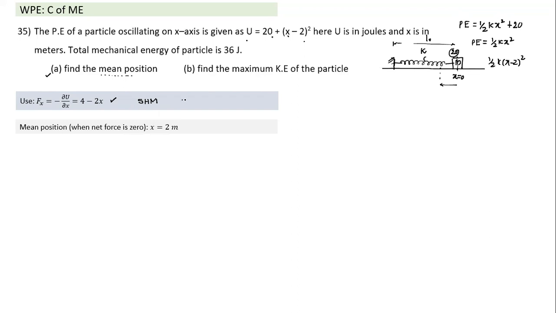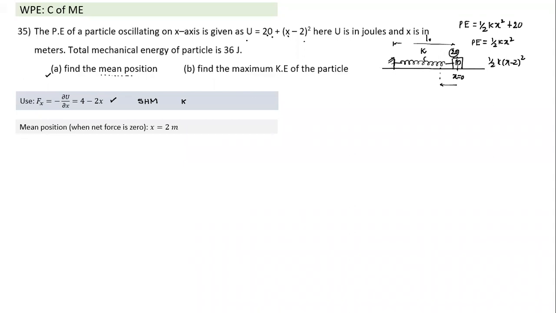Whenever force is proportional to the negative value of displacement, it is such a motion. It will have such a motion, with mean position at x equal to 2. So force is linearly proportional to x with a negative sign, that is such an equation. Mean position is 2. How do you find maximum kinetic energy?